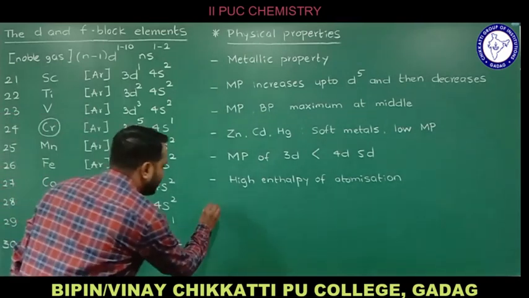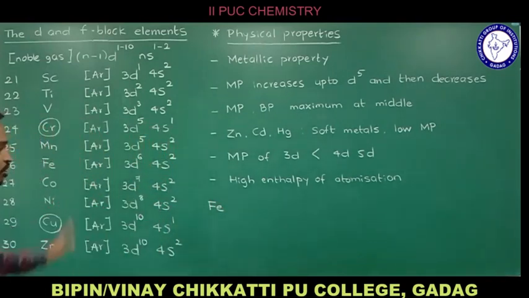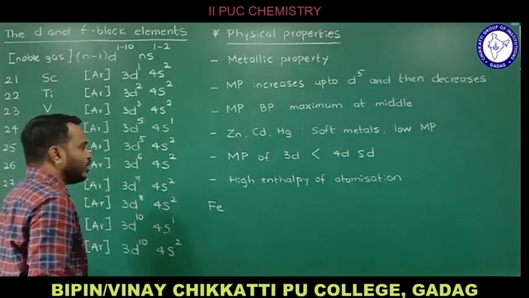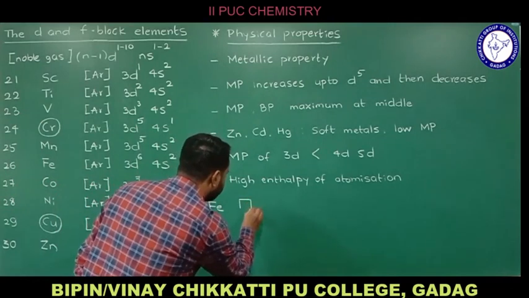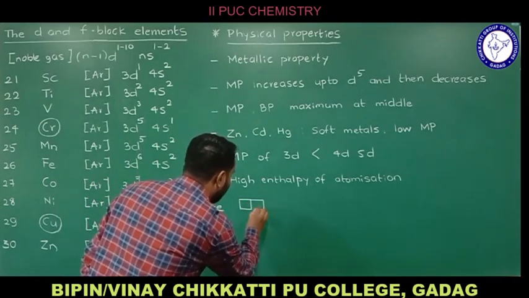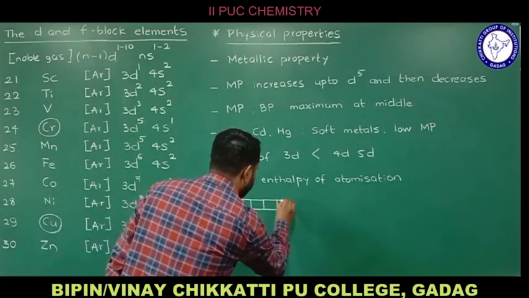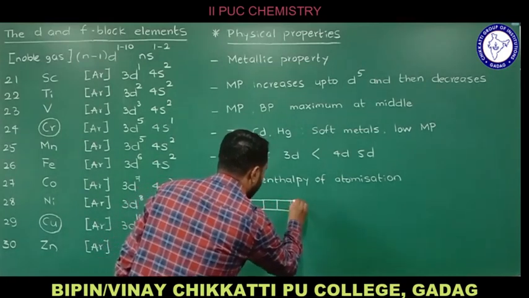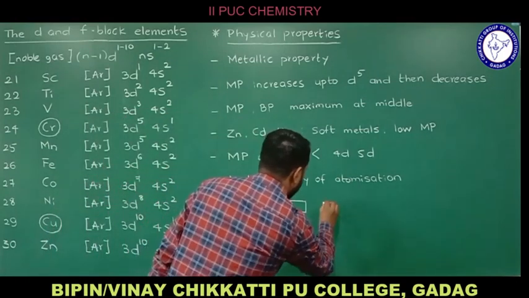For your reference, I am going to write the electronic distribution in the different atomic orbitals. Iron, atomic number 26, 3d6 we have for d, and we need to draw the 5 atomic orbitals, so 3, 4 and 5, and for s we need to draw 1.